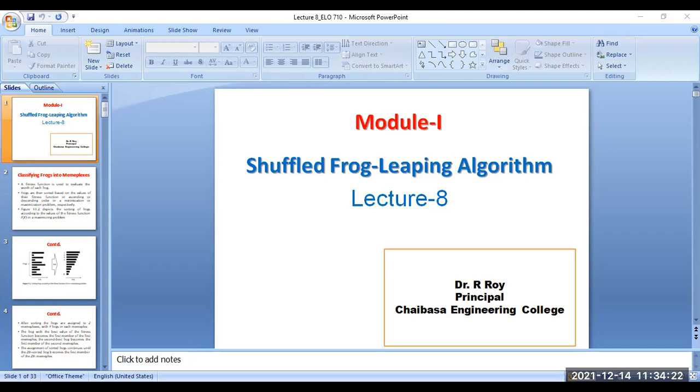A fitness function is used to evaluate the worth of each frog. The fitness function is the objective function. This fitness function will determine whether that frog is worthy or has to be discarded from the colony.